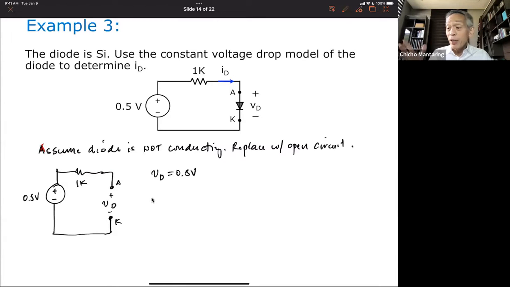Okay, so what is the next step? Is V sub D less than V sub F? So you compare V sub D to V sub F. Okay, if V sub D is less than V sub F, then the assumption is correct.